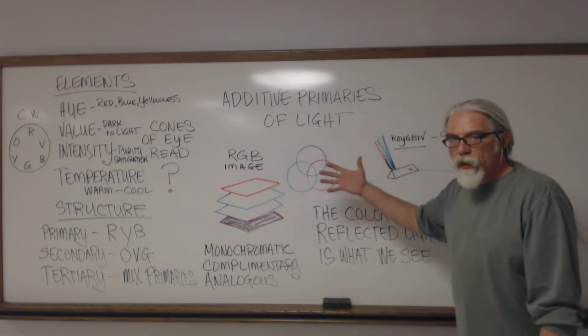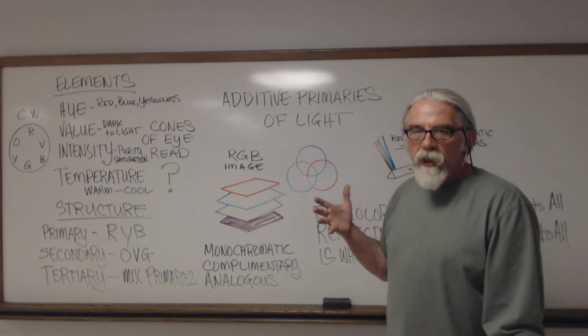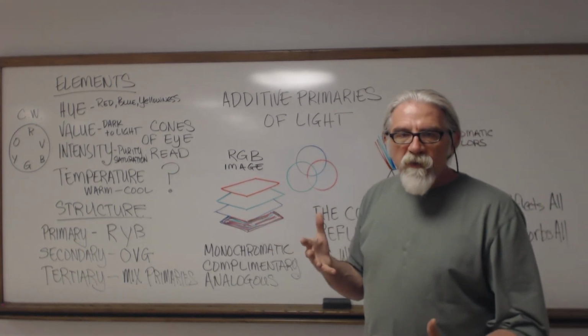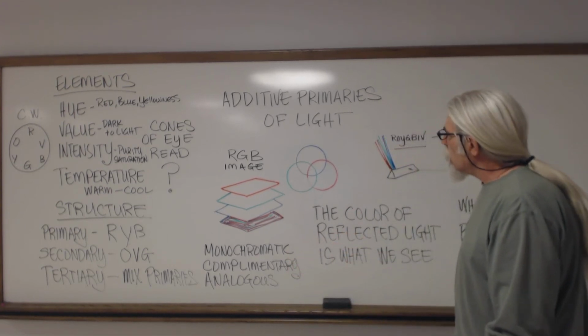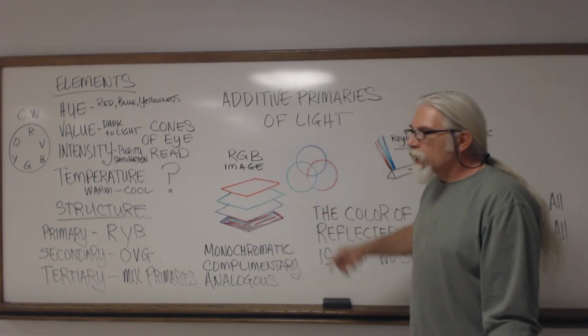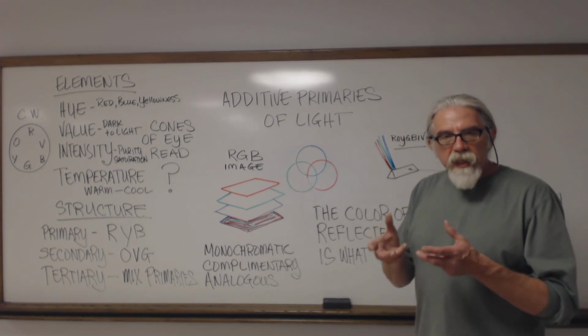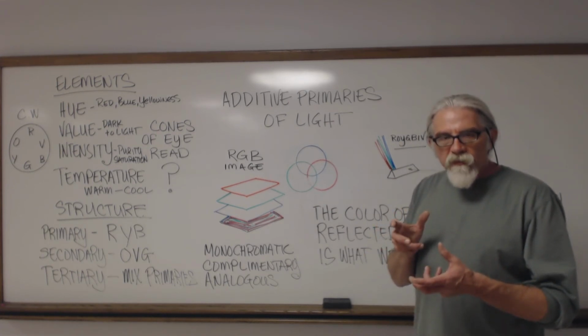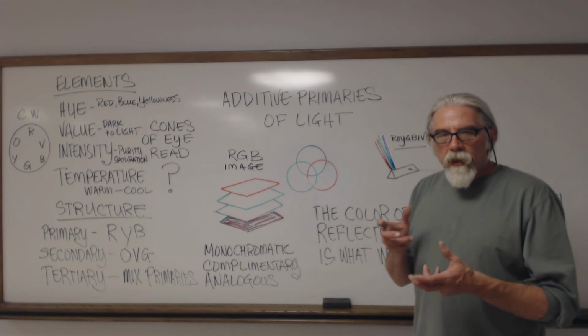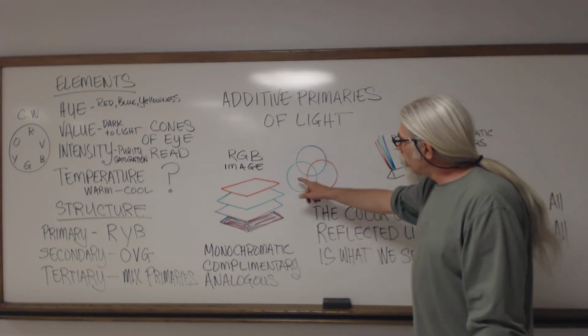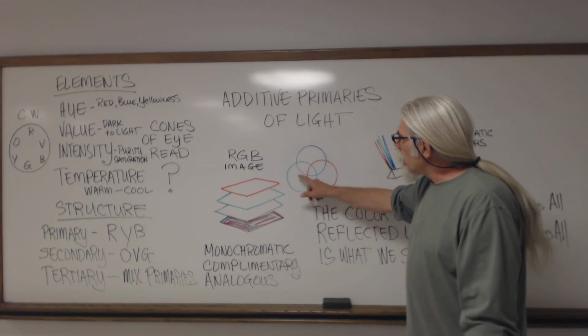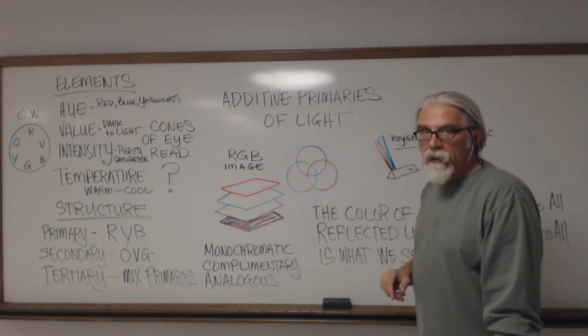So when light is shining on an object and reflects off of it, the color that is reflected is the color that we actually see. When we blend these colors together in light, we can blend together different temperatures of light. Every color that we can see can be blended in varying degrees of additives of green, blue, or red light.